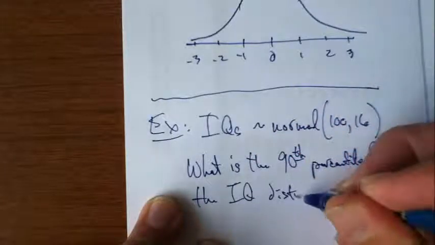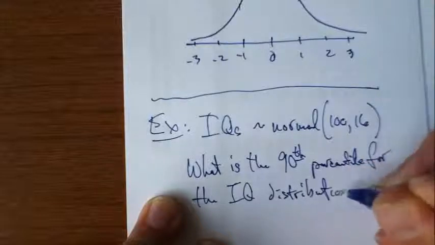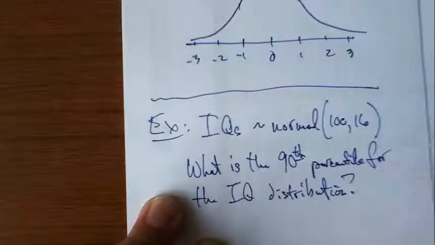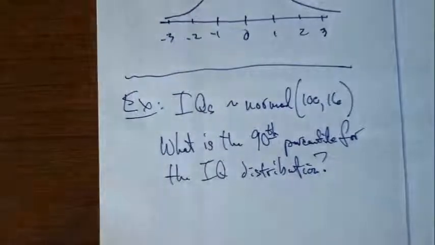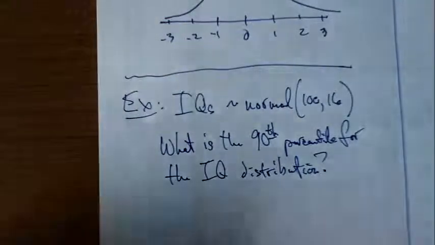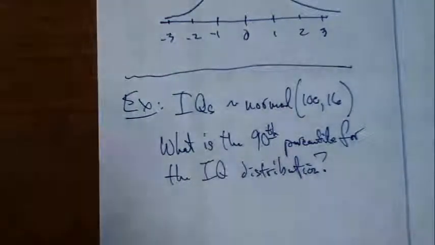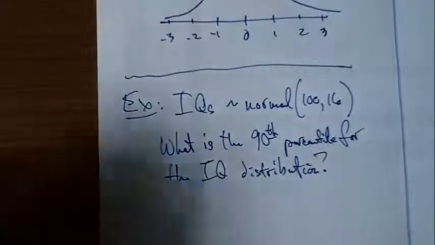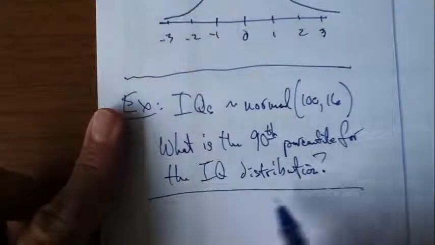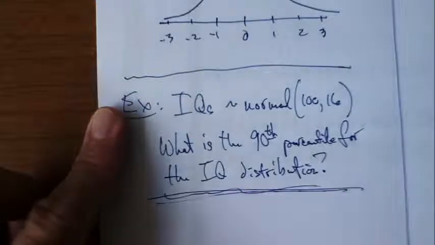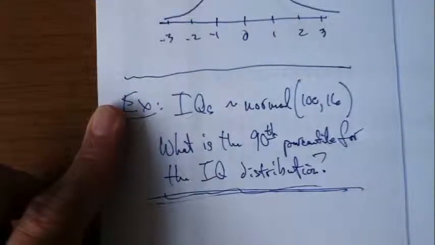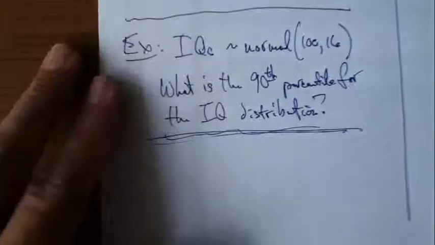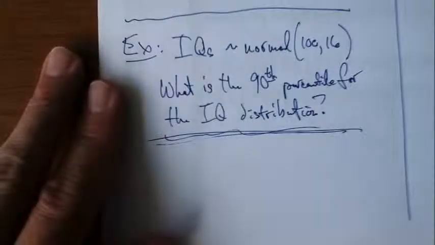That's certainly of interest to us, isn't it? Because if you know what the 90th percentile is, then you have something to shoot for. If your IQ is higher than the 90th percentile, then hey, you're doing pretty well, right? Well, I don't know how to do this, but I do know how to get the 90th percentile for a standard normal. Okay, so let's take a look at that.